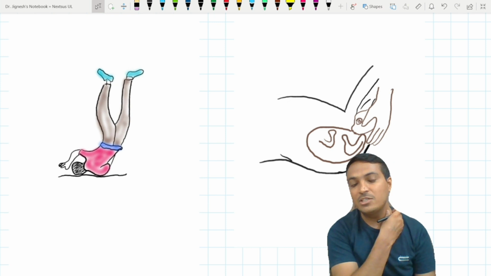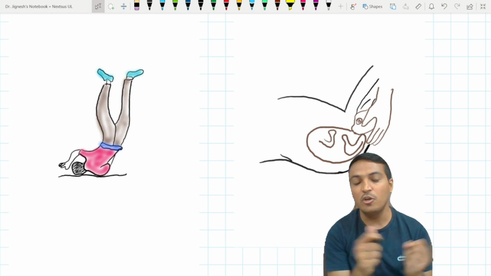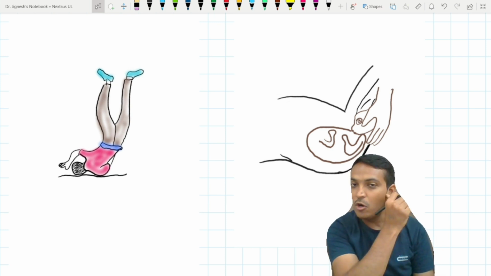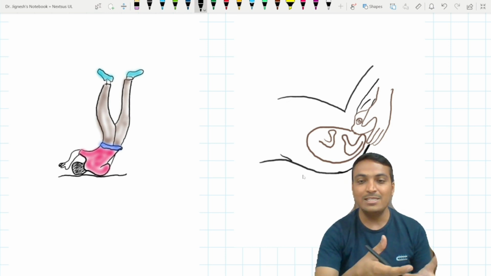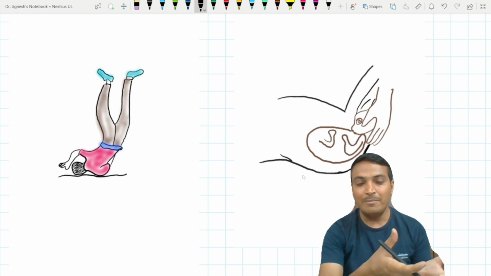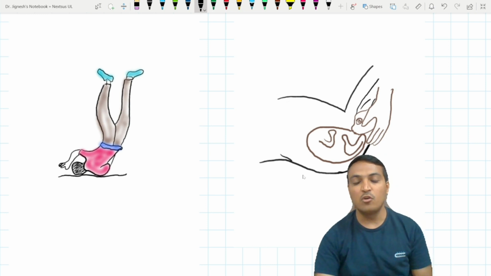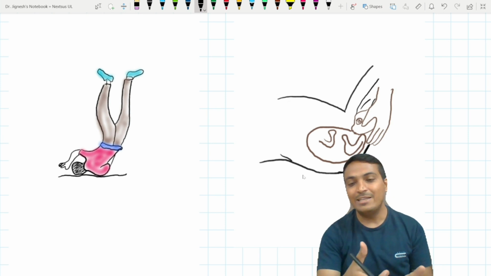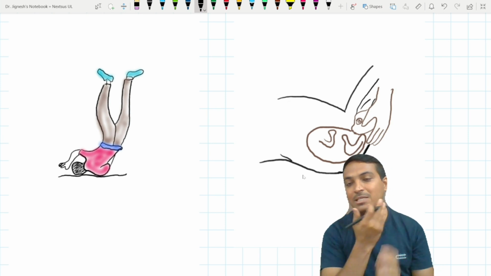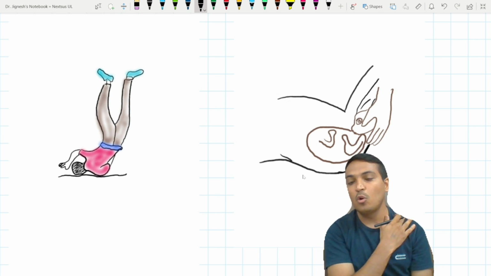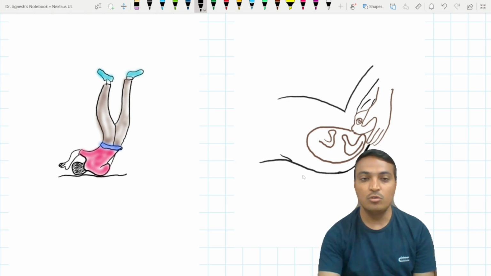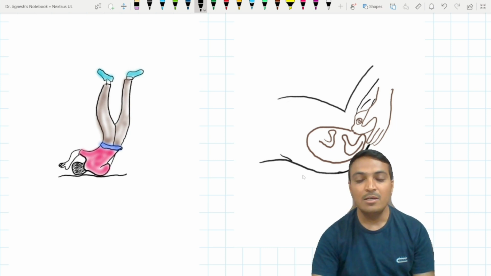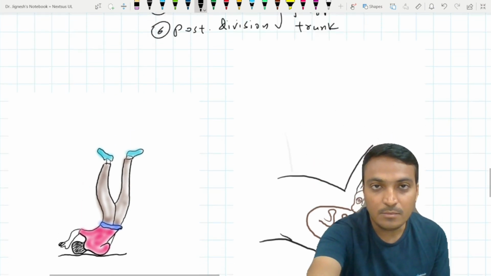So the upper trunk gets stretched, and this stretching of the upper trunk will lead to the injury of the upper trunk. The second cause is during the delivery of the baby, when the clinician delivers the baby with the help of forceps or with the hand. At that time, the hyperseparation of the head and the shoulder may also lead to the Erb's palsy. So these are the two reasons behind the Erb's palsy.